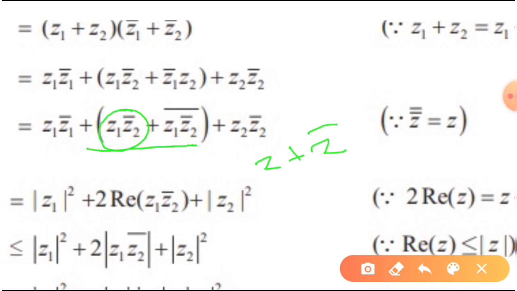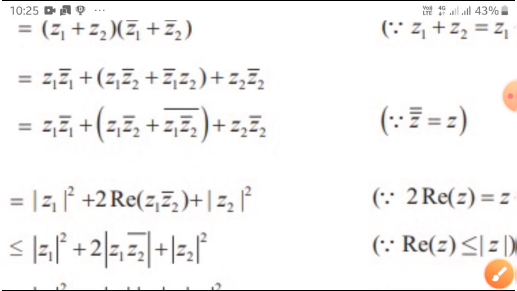Then z1 bar z2 is also z bar. So z1 z2 bar plus z1 bar z2, that is z plus z bar, is equal to twice the real part of z.